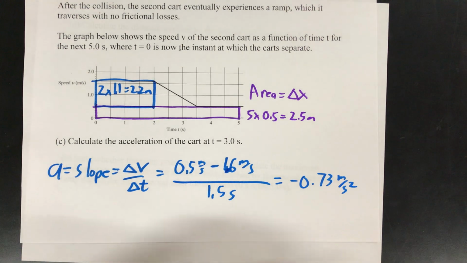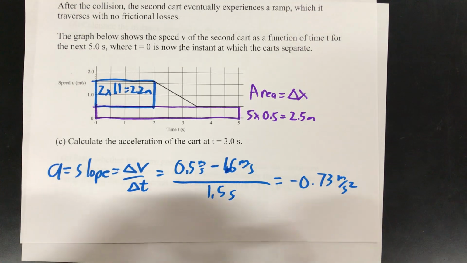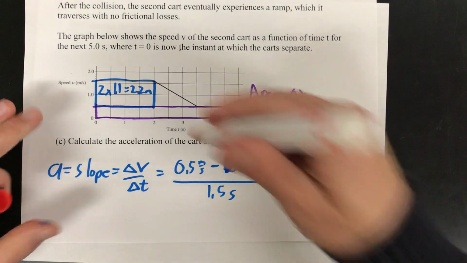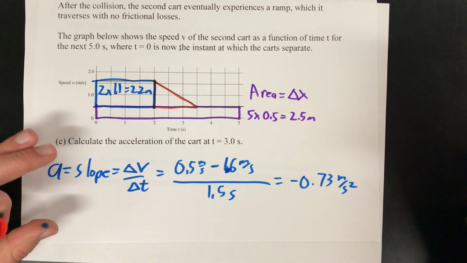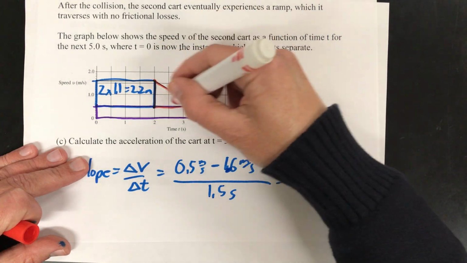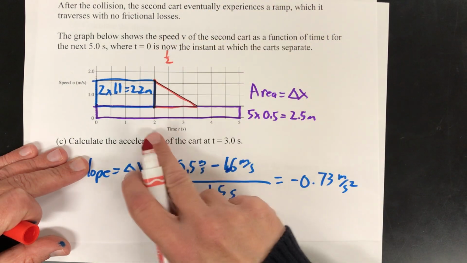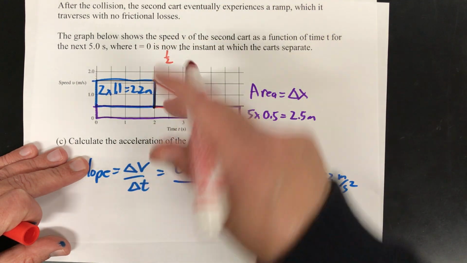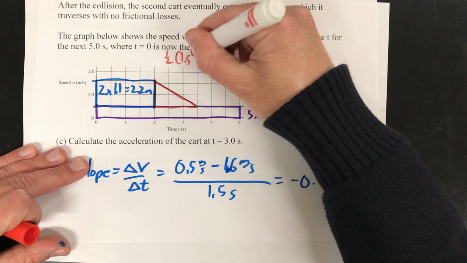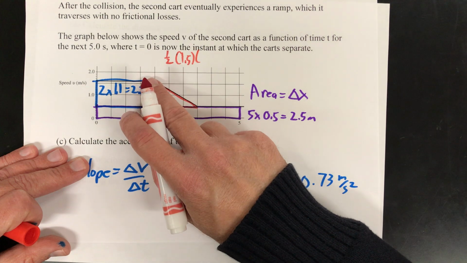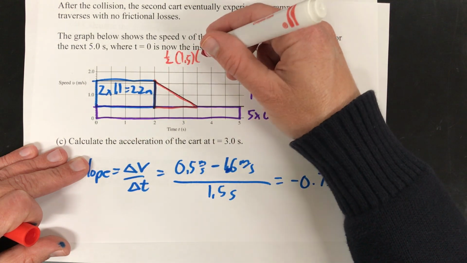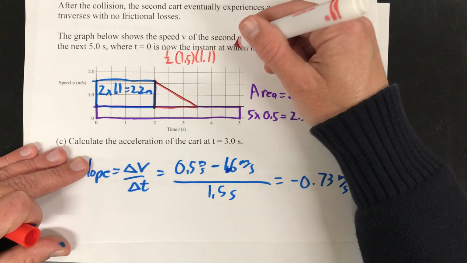And then finally, our last one here, we've got a little triangle right here. And so for that little triangle, let's do 1/2 base times height. Our base is 1.5. And our height here goes again from 0.5 to 1.6. So our height is 1.1.